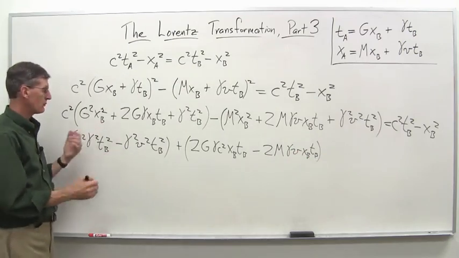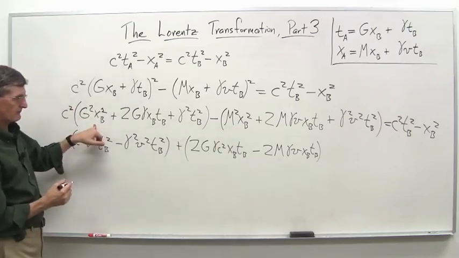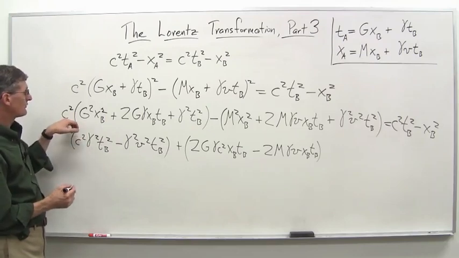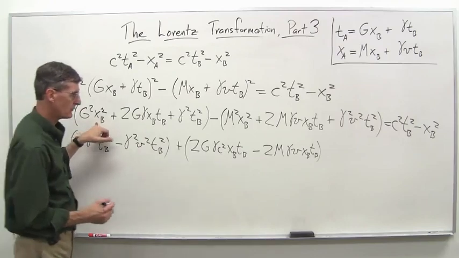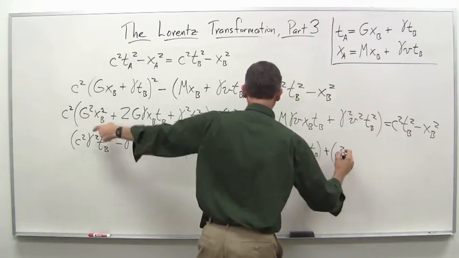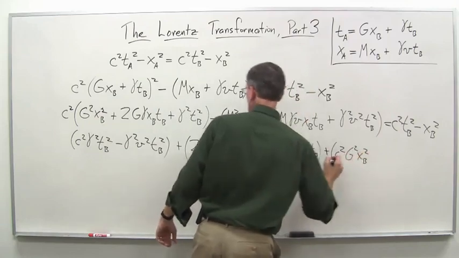And then the xb squared terms. I've got one here, and I've got one there. And I think we've got everything correctly here. So we've got c squared times g squared xb squared, plus c squared times g squared xb squared.